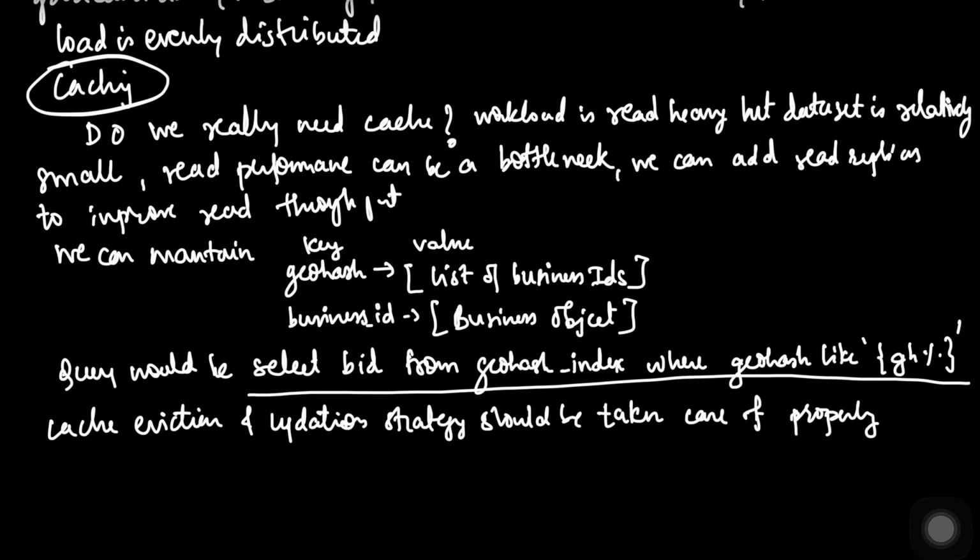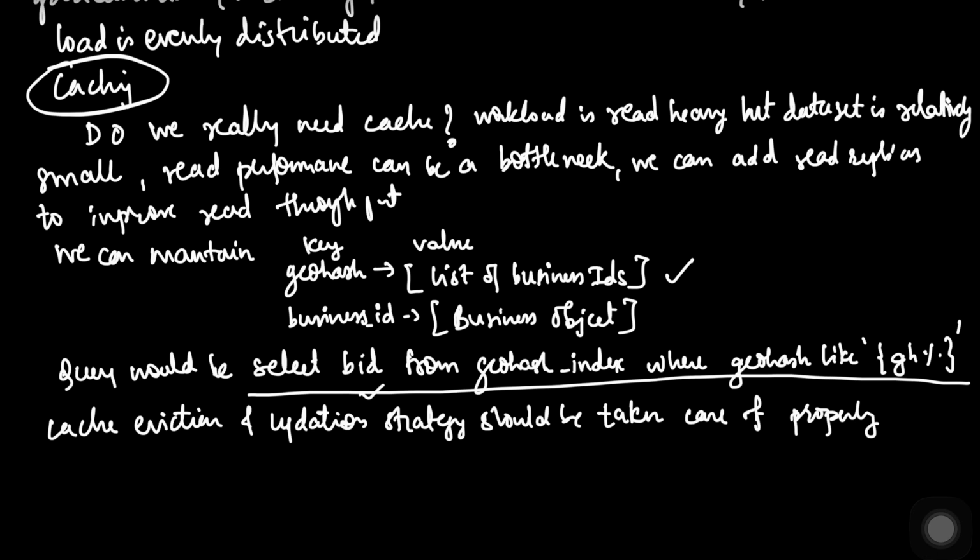Because we have a query like this, which will be firing, where we get the business IDs, which is BID, from a geohash index, where the geohash is GH, nothing but the geohash for which we are finding the nearest neighbors. So we'll be getting this kind of query. So it's good to maintain a cache where the key is geohash and the value is the list of business IDs.